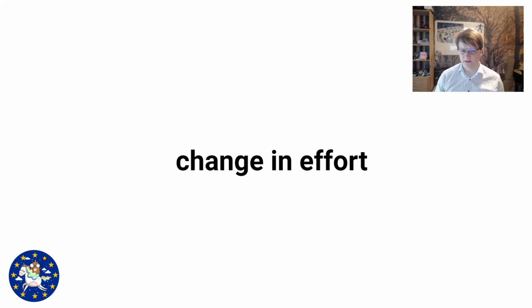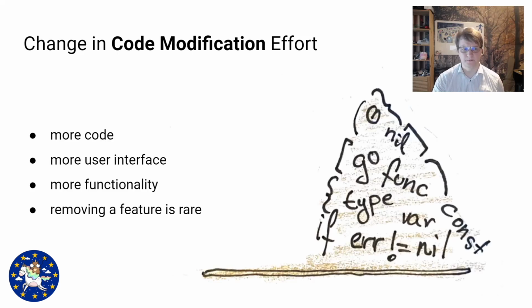While there's this effort, we don't consider that as a technical debt by itself. However, we can notice changes in this effort. So if we change code over time, we get more code.